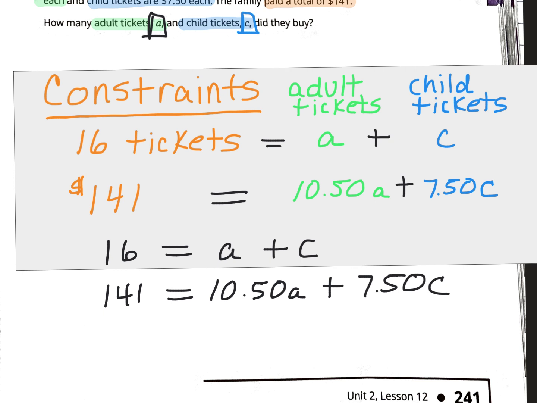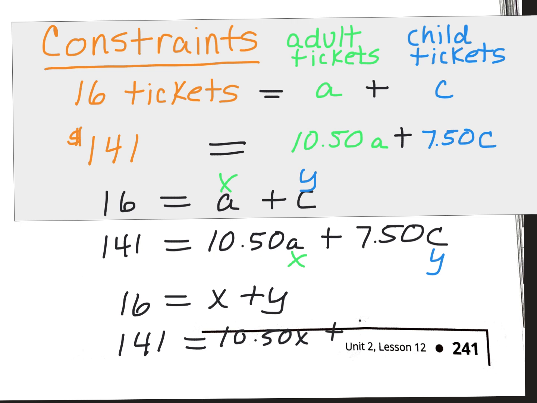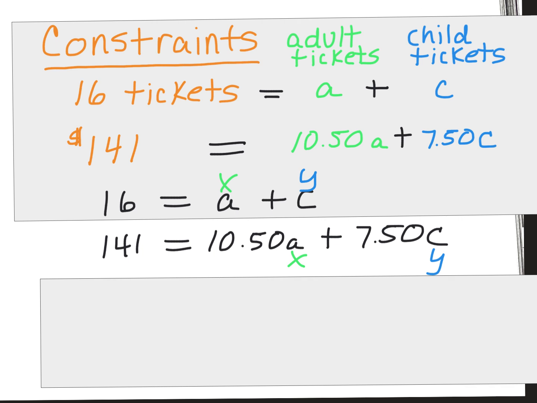So when you go to type in the equations into Desmos, use x for A and y for C. What you're going to want to type is 16 equals x plus y, and then 141 equals 10.50x plus 7.50y. Once you type those into the calculator, you will be able to see where they intersect and you will get your solution.